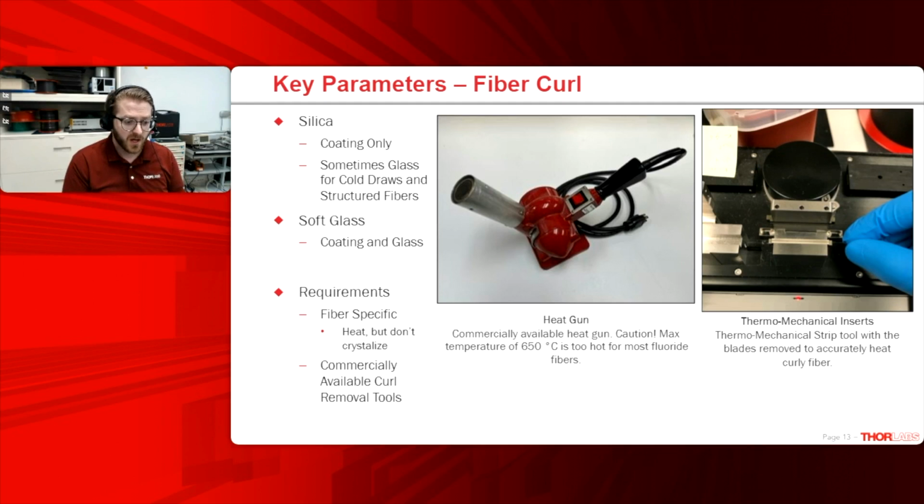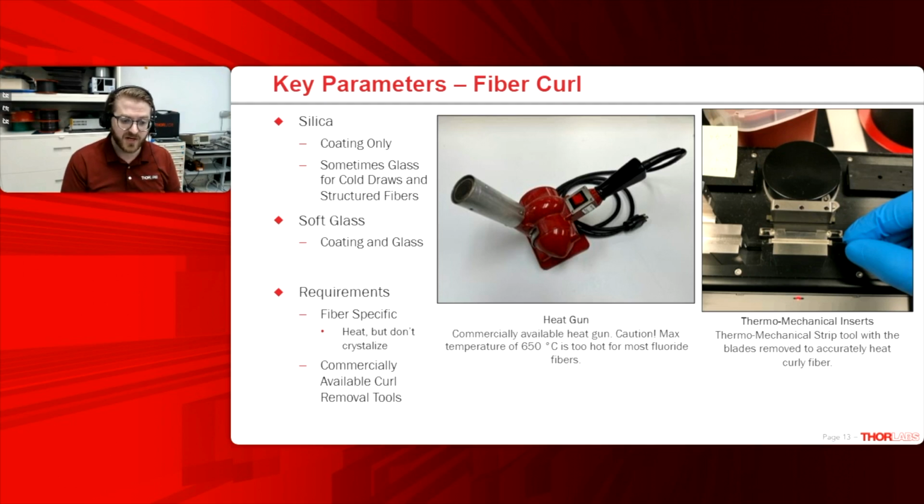So curl in a fiber means that the fiber might not be where you think it is. If you're holding it in some sort of micro manipulator, by the time it overhangs into your heat source, it can be off by quite a bit. So you really need to make sure that you have as little curl as possible, or overcome it by being able to move the fiber tip directly to the heat source.